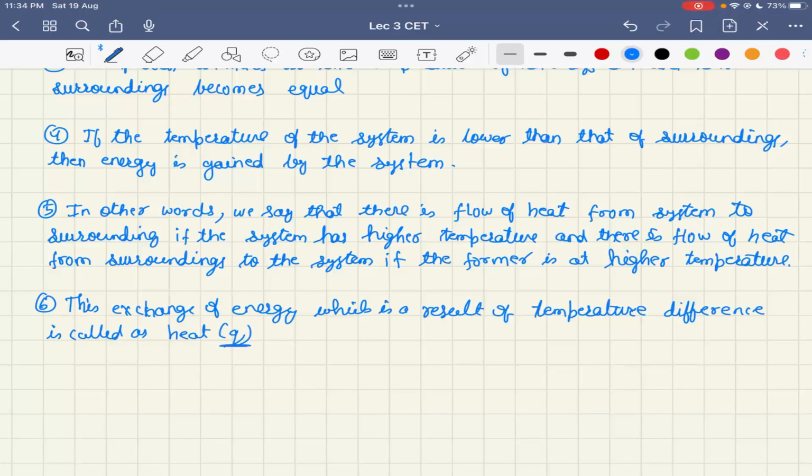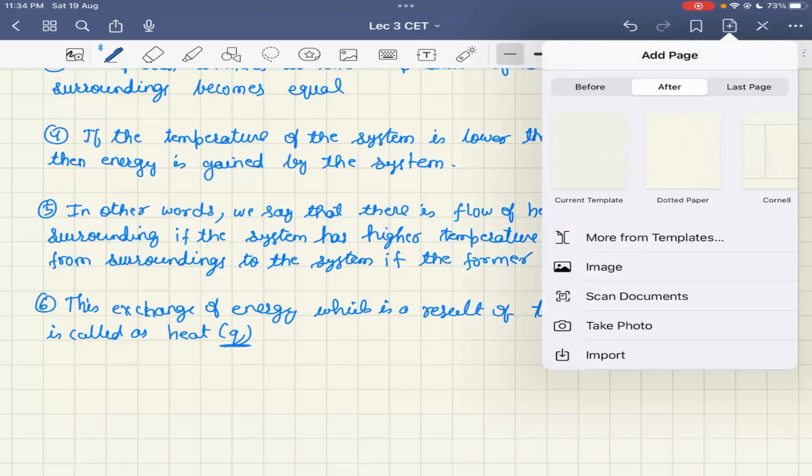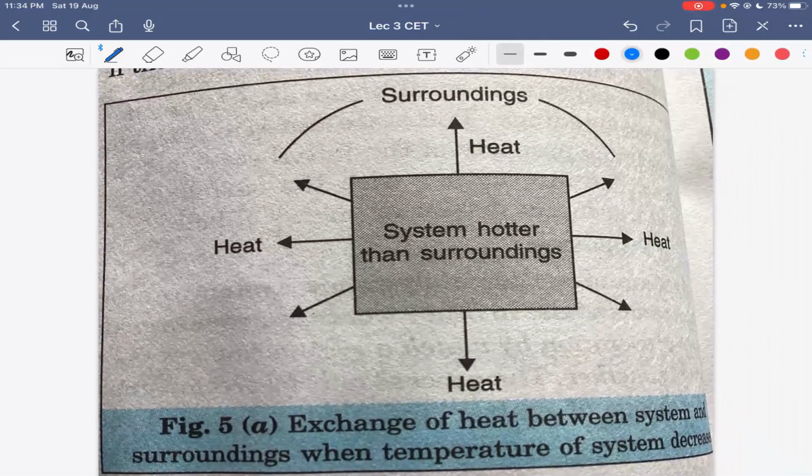So in order to understand in depth, let us draw a picture. For example, from this picture we see this is an exchange of heat between system and surrounding when the temperature of the system decreases, right? So we have a system which is hotter than the surrounding. Let's say its temperature is T1 and the temperature of the surrounding is T2. Now we have T1 greater than T2, right?